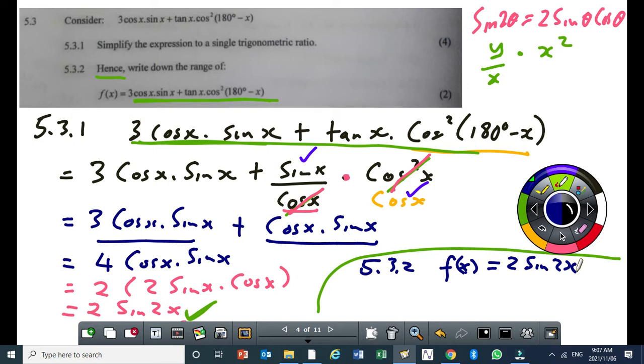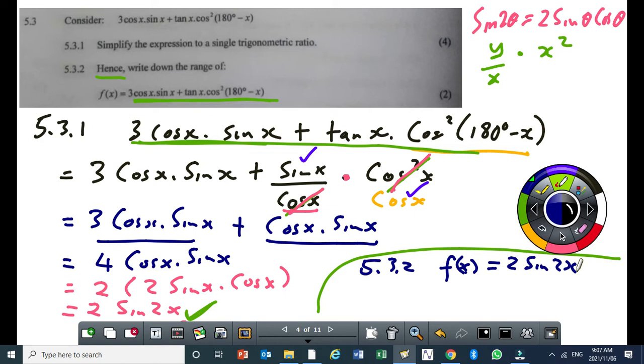Yeah. Range is just a set of all the what? Y values. Range, you have to know it. It was paper 2 trig, you get a trigonometric function, whether you like it or not. It will be there. You have to know what range is, what domain is. Range means the set of all the y values.